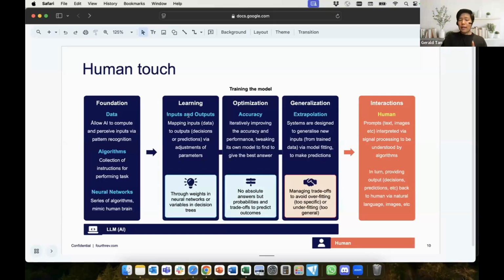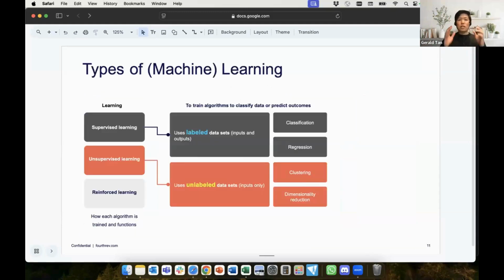I talked about learning, and I think as a PM, it's actually very important for you to know what this is. And that is how machines learn. So this is kind of technical, but take a step back. All you have to do is know that there's a few types of learning, and you just need to know the very, very high level overview of it. Supervised is when you give a labeled data set.